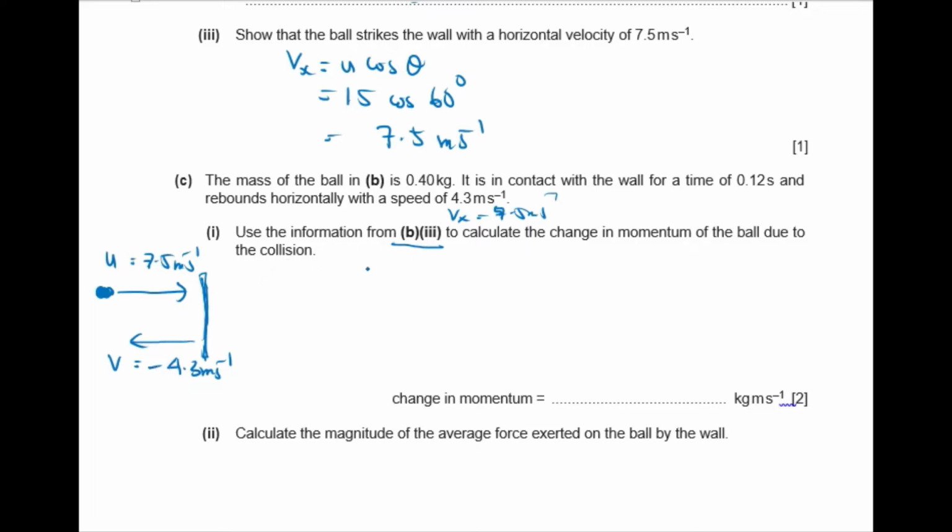Now time taken is 0.12 seconds. Okay, calculate change in momentum. So change in momentum equals mv minus mu, mass 0.4 kilogram, final velocity negative 4.3 minus initial 7.5. We have negative 4.72.